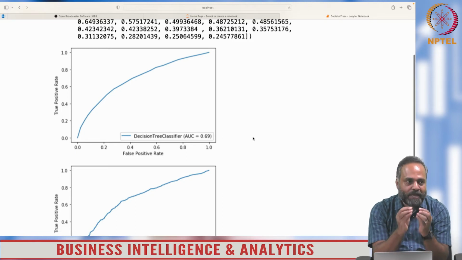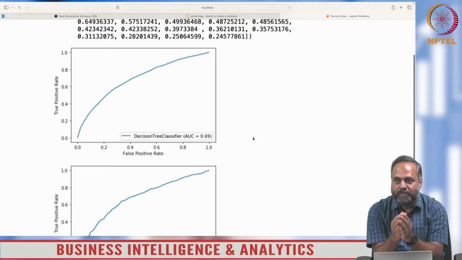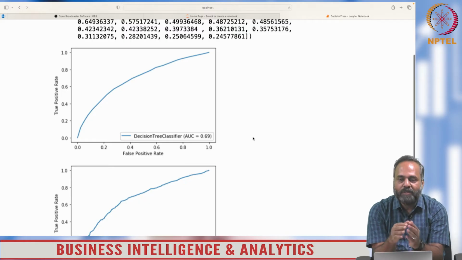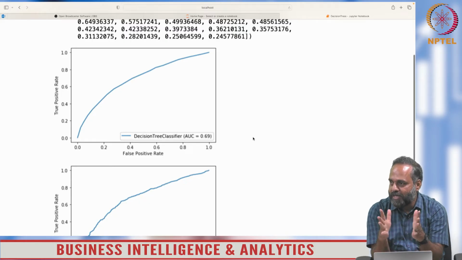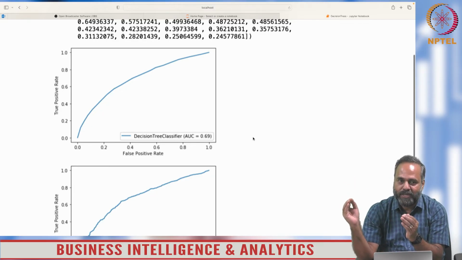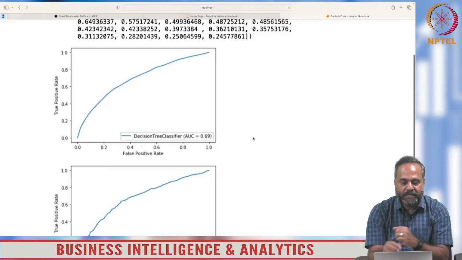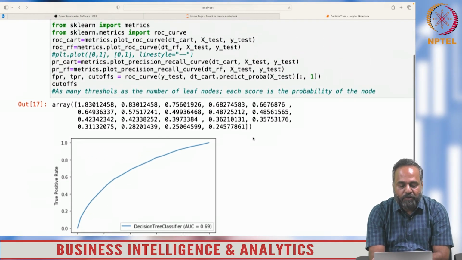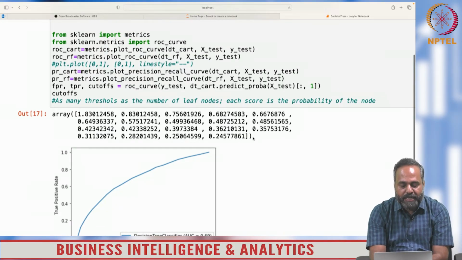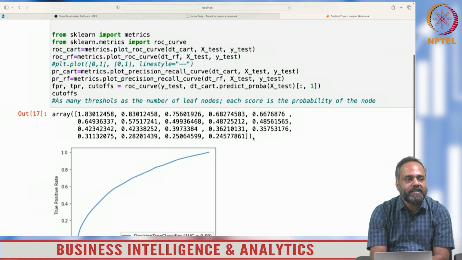If you make the sensitivity very high, false positive is very low, then true positive is also very low. When you make sensitivity relaxed or small, true positives increase, but false positives also increase. That is a phenomenon in a classifier. Therefore, the classifier can perform under different levels of cutoffs.